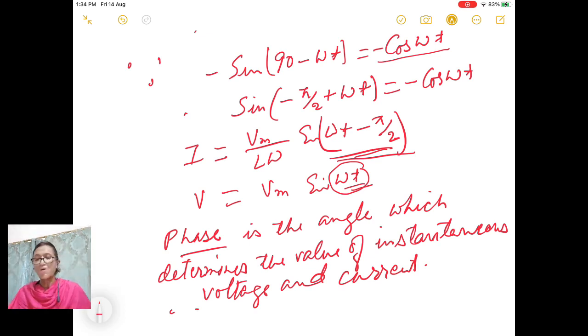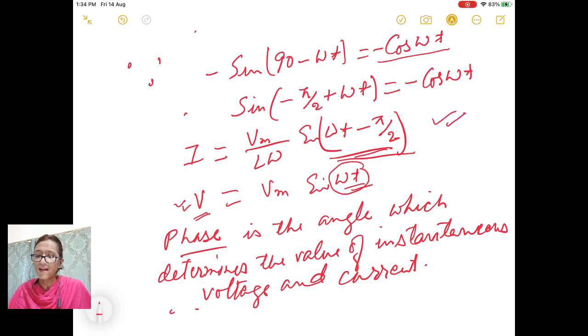So let us see how it determines. If phase angle is 0, so sine 0 is 0, then instantaneous value of voltage becomes equal to 0. So phase angle has determined the value of instantaneous voltage.